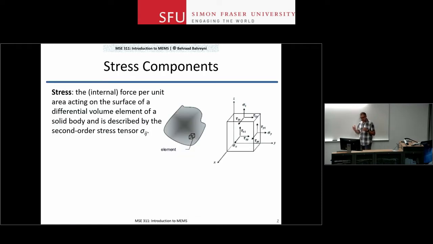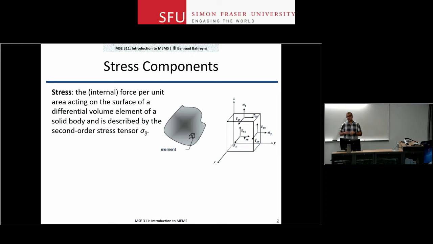So the stress and strain, these are definitions that you've seen in your earlier courses. We are going to basically review them relatively quickly and focus on the aspects of the knowledge that you have from statics or dynamics courses that are more relevant to the analysis of MEMS devices. But just general definitions as a reminder.